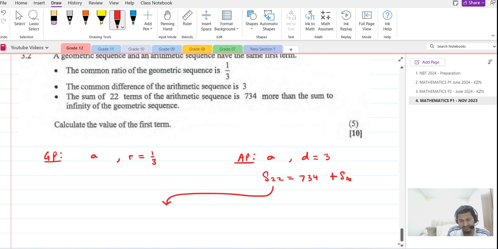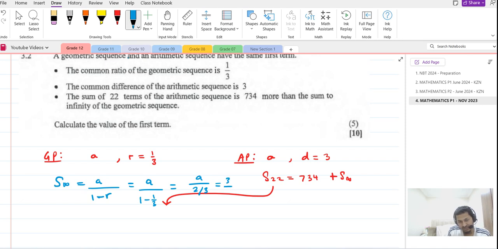Before we use this, let's work out sum to infinity. What is sum to infinity? A over 1 minus r. So that's A over 1 minus 1/3, which is going to give me A over 2/3, and 1 divided by 2/3 is 3 over 2, so 3 over 2 A. Right, so that's what I have.